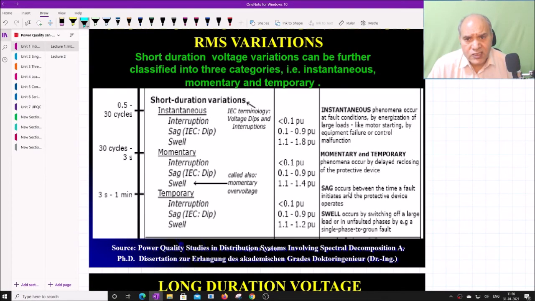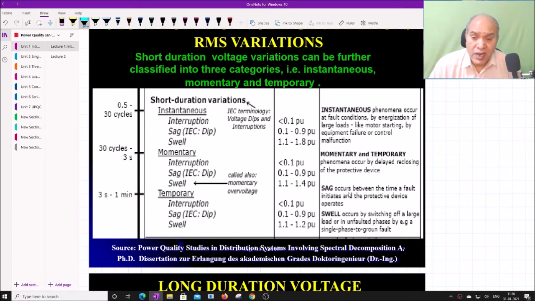There is a further classification in terms of timing. For example, I have discussed earlier the range of half cycle to 1 minute. Now this is quite a long time in terms of transients. So what happens between half cycle to 1 minute?